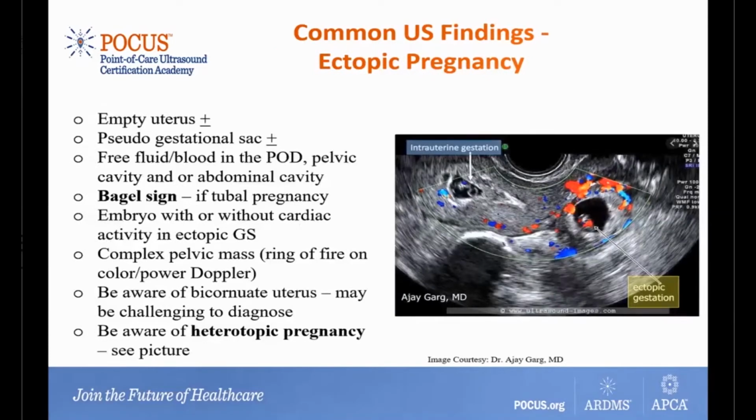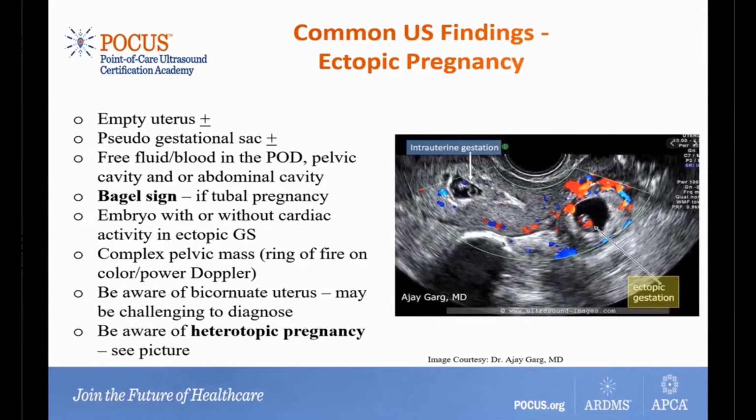So the common findings on ultrasound for ectopic are going to be empty uterus, but again, if it was a heterotopic pregnancy, you will see, as in this example, this is a transvaginal scan showing the uterus, and you can see in the uterine cavity there is a yolk sac and there's an embryo.